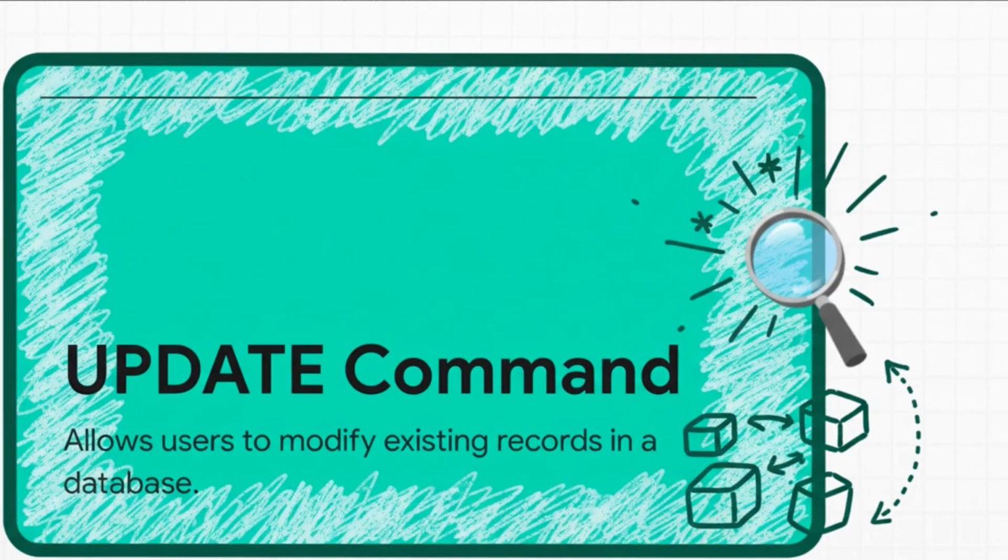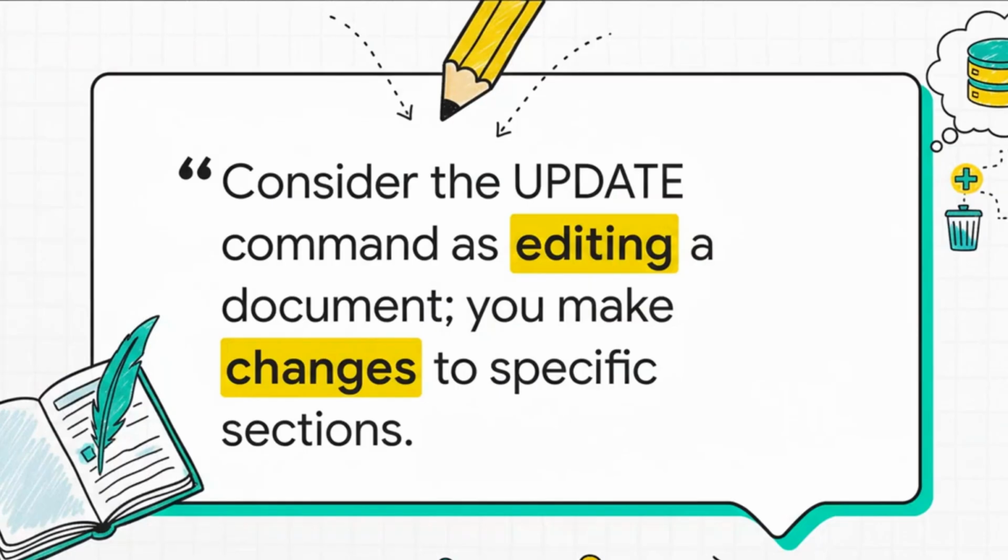Its only job is to modify the records that are already there. And this analogy is perfect. Think about it like you're editing a document. You wouldn't delete the entire file just to fix a spelling mistake, would you? Of course not. You just go in and change that one word. Update lets you do the exact same thing in your database with total precision.